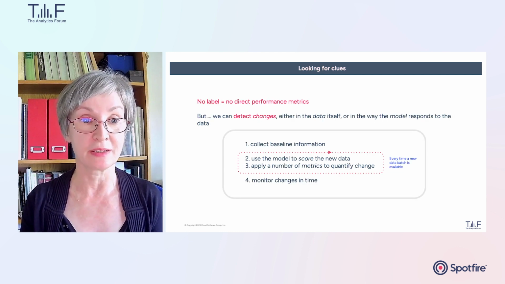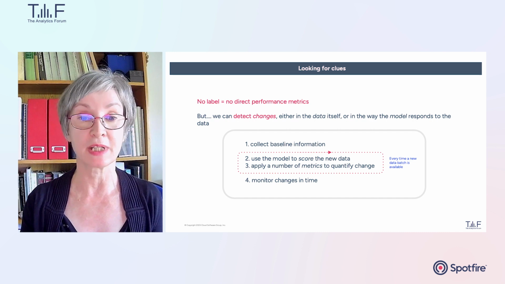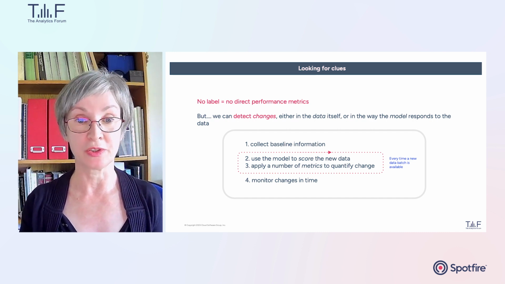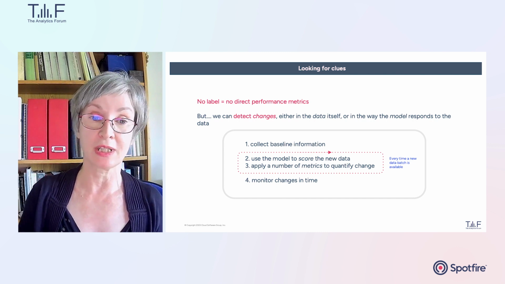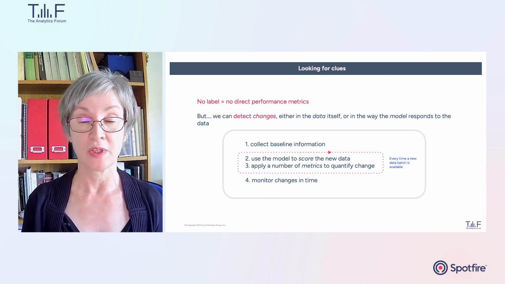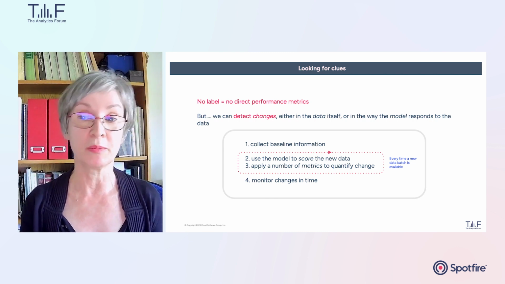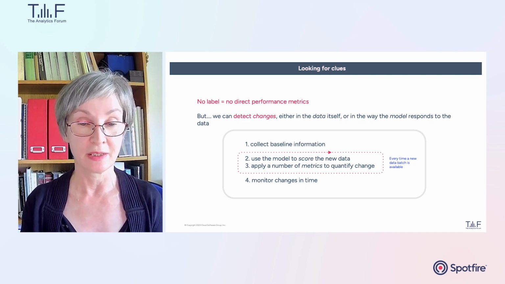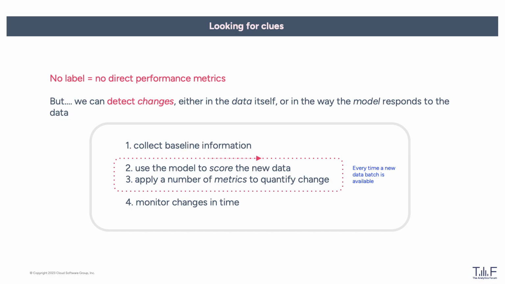As I said, there's no label, so there is no direct performance metric, but we can find ways of detecting changes, detecting deviations either from the data itself or in the way that the model reacts to the data. So in the beginning, we collect what we call baseline information, which is information about the original training data or the initial performance and results from the model when it is first trained.